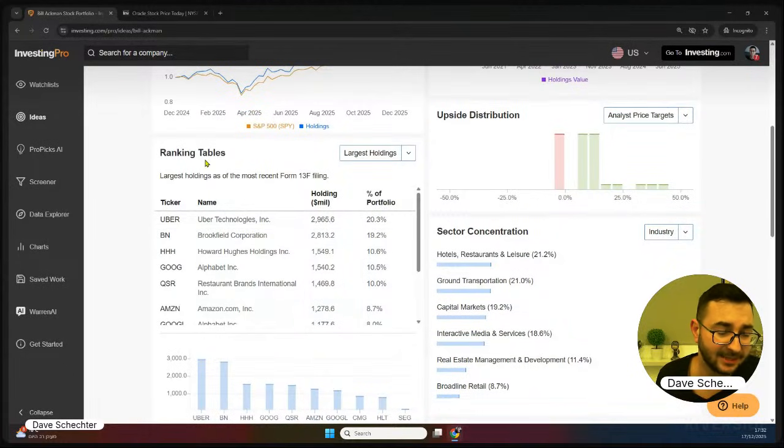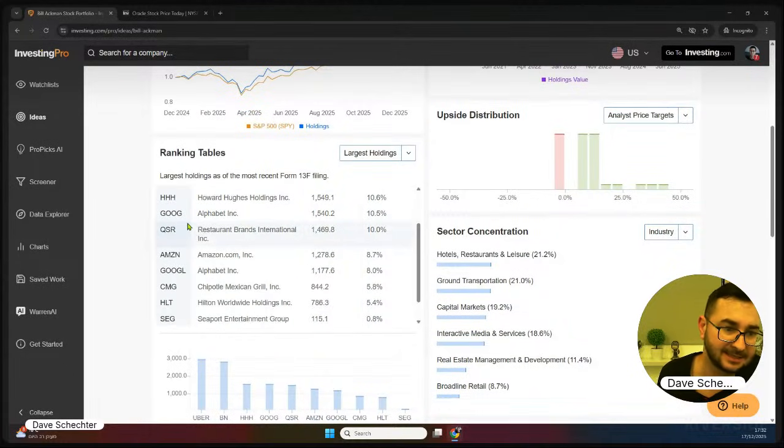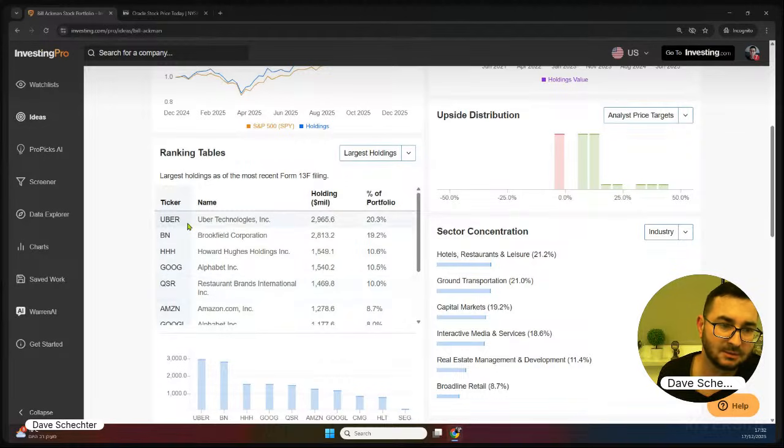Directly below that, I have the rankings tables, which spell out for me exactly which stocks are in Bill's portfolio and how much of each of these stocks comprise the entirety of that portfolio. So I can see that Uber is 20%. I see that Brookfield Corporation is also almost 20%.